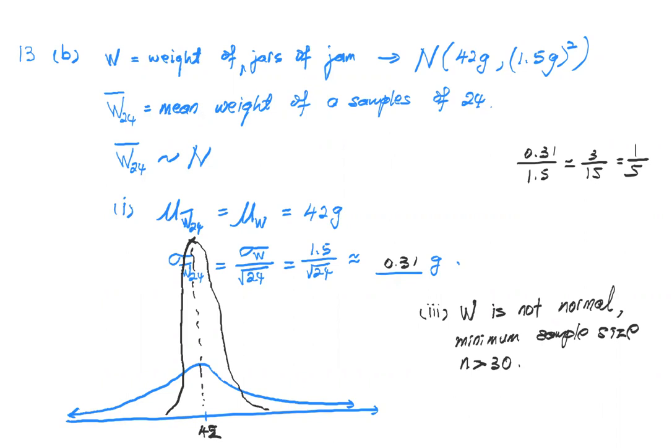Because it will be skewed. So the answer in part 1 will be different because the sample size is not large enough.